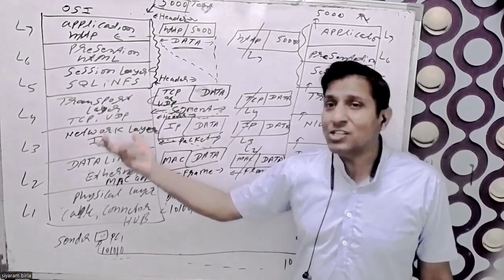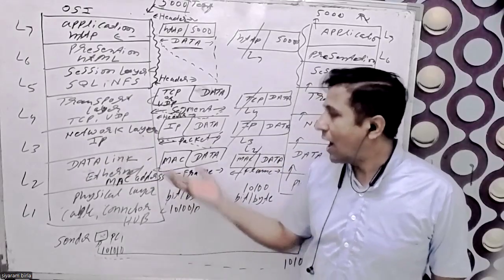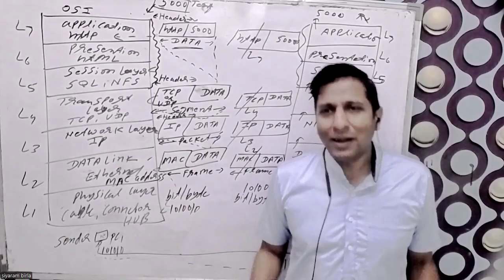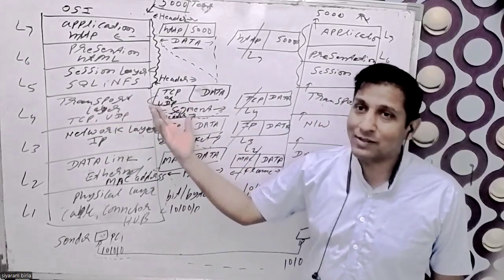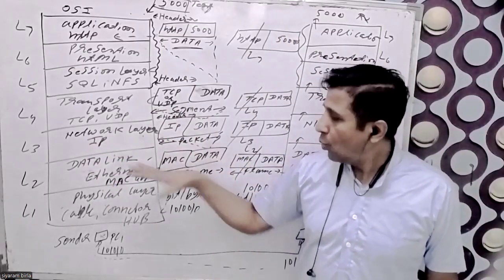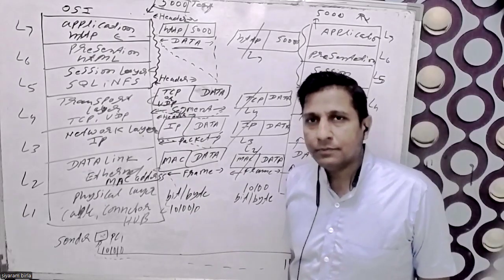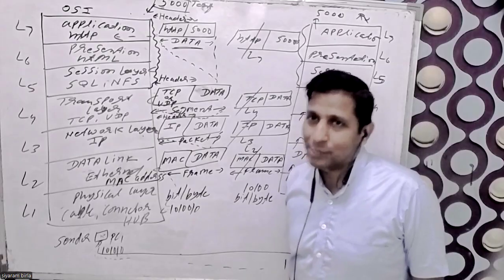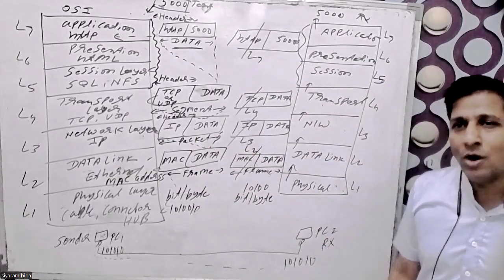Packets work at layer 3, and frames work at layer 2. So my target is that once the data comes to the transport layer, it is called a segment. Once it comes to the network layer, it is called a packet. Once it comes to the data link layer, it is called a frame. So my target is to explain this part. That is the OSI model.